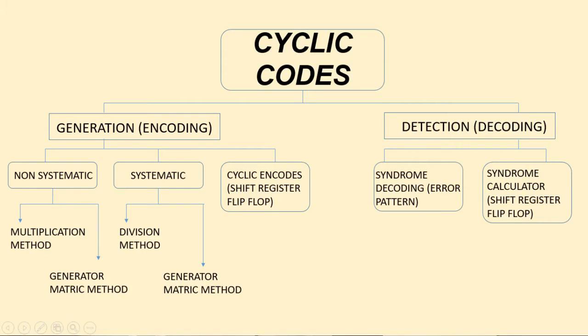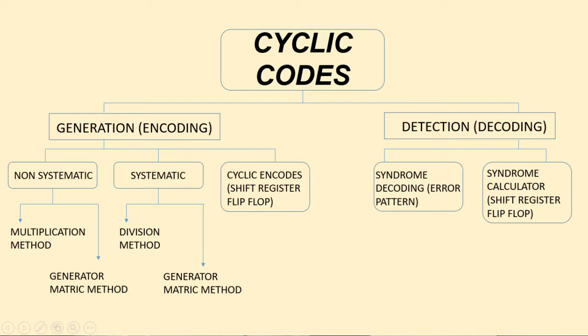The generation encoding is divided into three parts, and the detection decoding is divided into two parts. As we can see in the picture, the generation encoding is divided into three parts: the first one is non-systematic, the second one is systematic, and the last one is cyclic encoder shift register flip-flop.